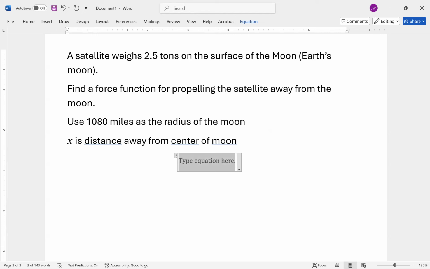That means my force function, just like last time, is going to be some constant divided by x squared, because I can combine all three of those constants in Newton's law of universal gravitation.